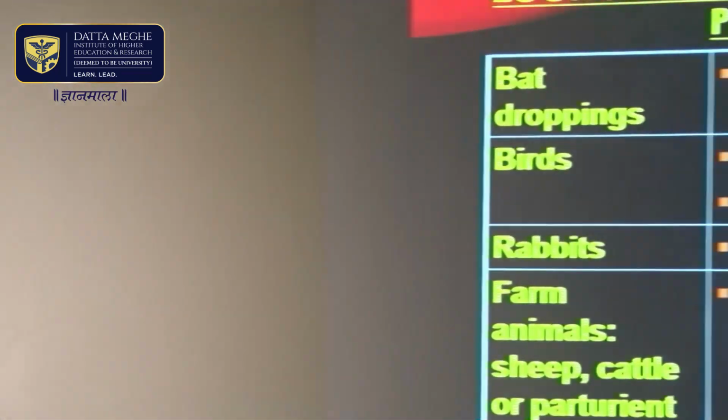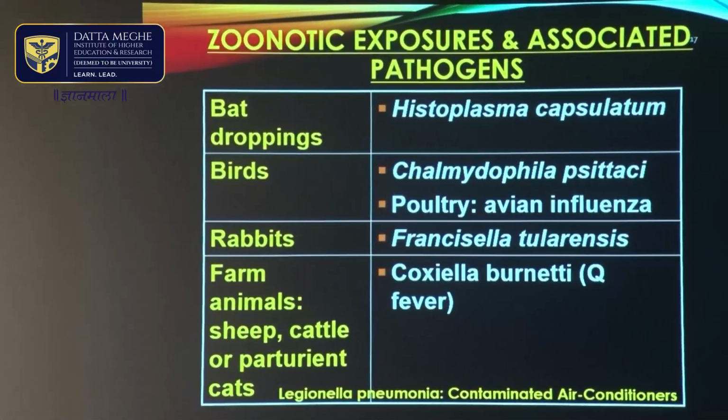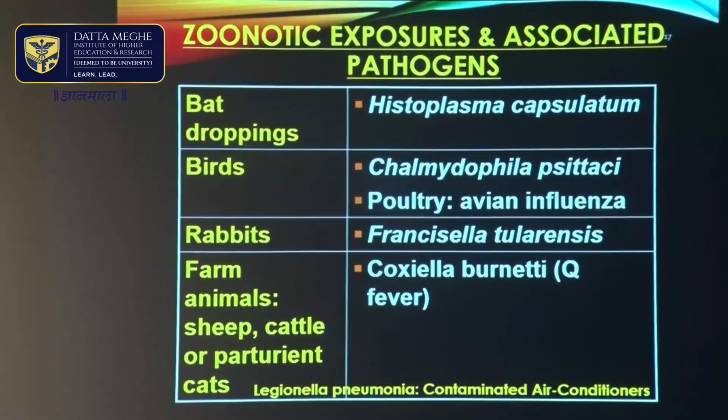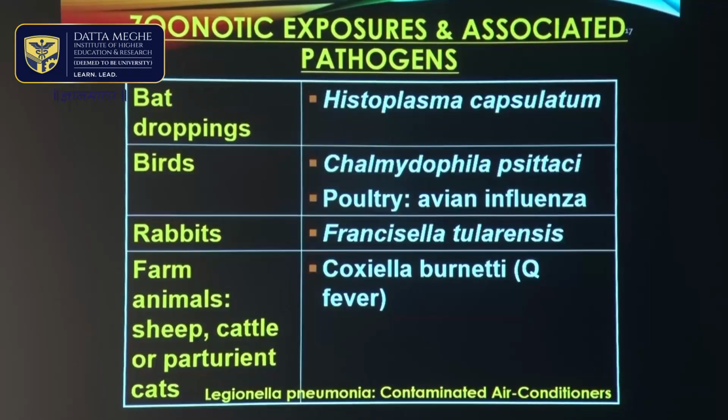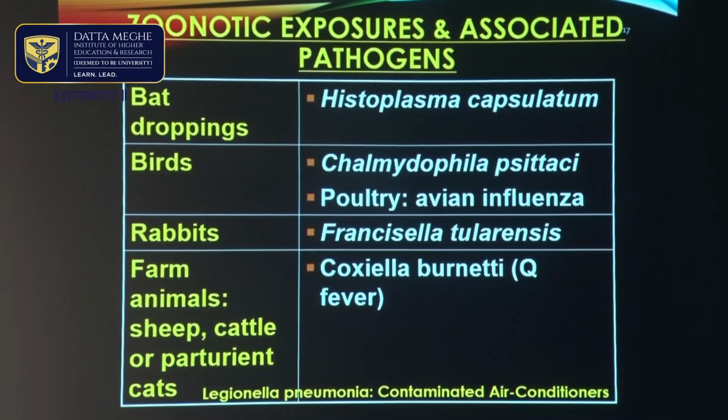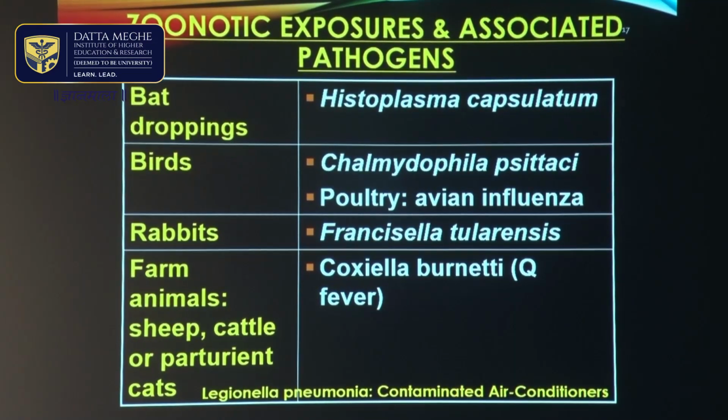Now, certain pneumonias can occur because of exposure to zoonotic sources, or animals. People who are exposed to bat droppings can develop Histoplasma capsulatum, a fungal pneumonia. People who are exposed to birds can develop Chlamydia psittaci infection, which is known as psittacosis, from bird droppings.